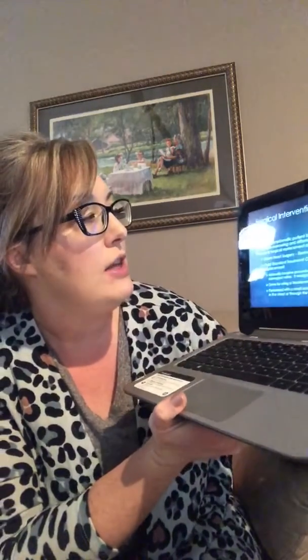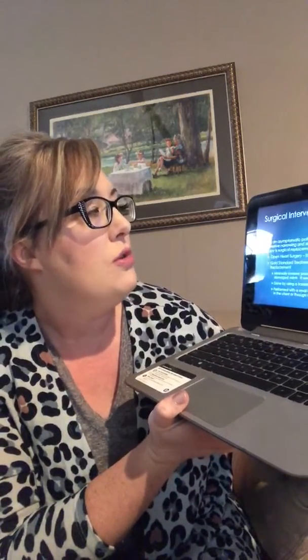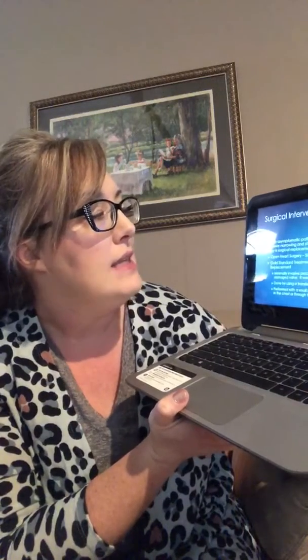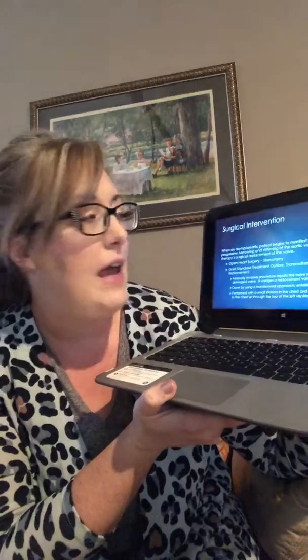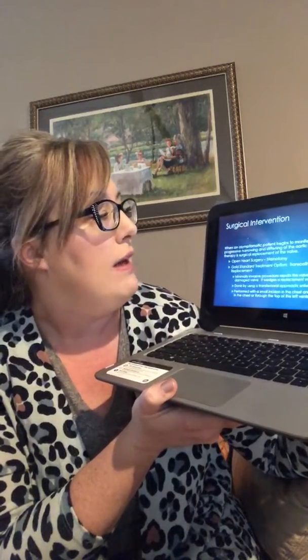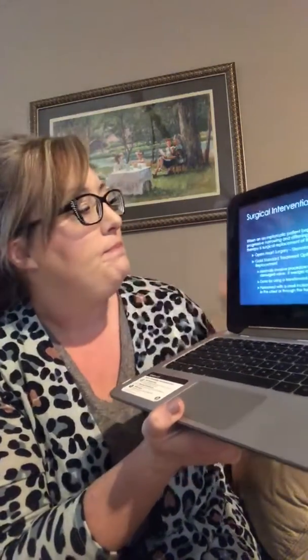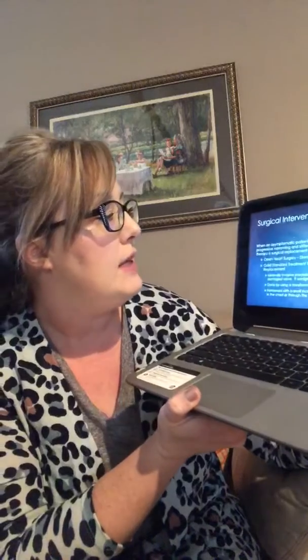Surgical intervention comes into play when an asymptomatic patient begins to manifest signs and symptoms due to progressive narrowing and stiffening of the aortic valve. So the only effective therapy at this point is surgical replacement of the valve. There are a couple of procedures here.